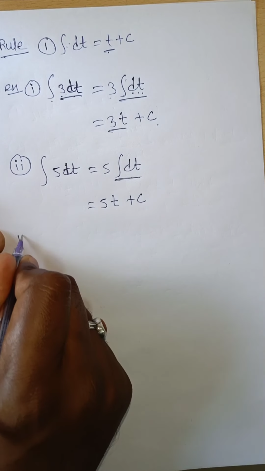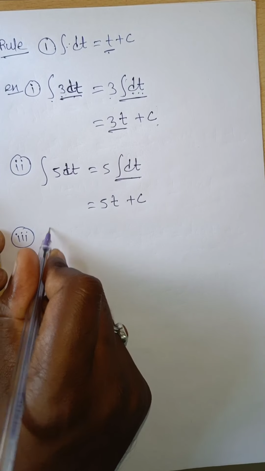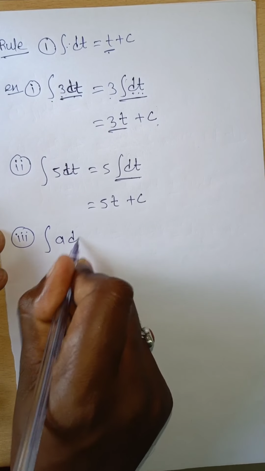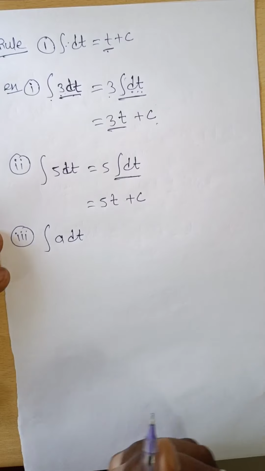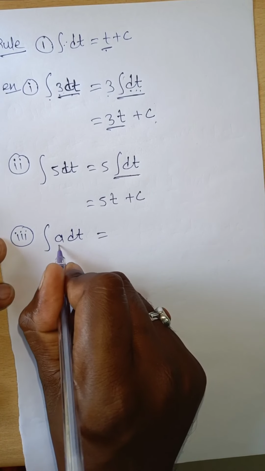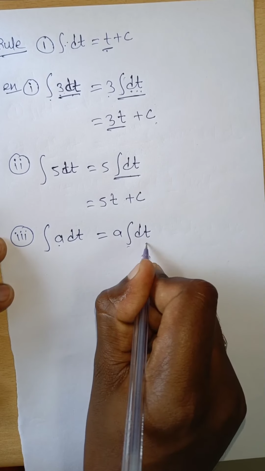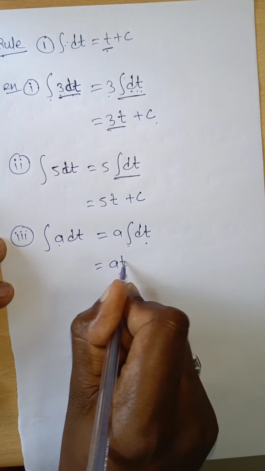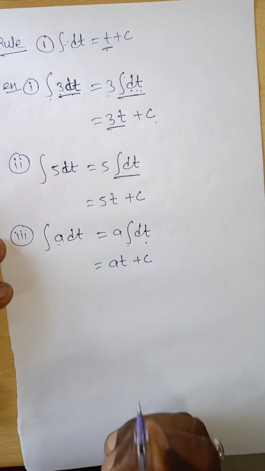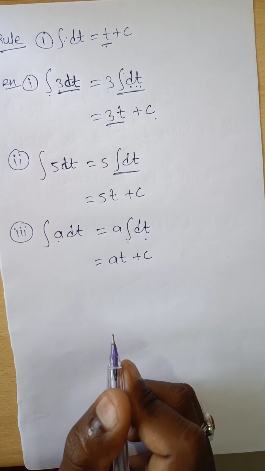Now the third example: integration of a dt. Since a is a constant, taking it outside gives a into integration of dt, which is at plus c.